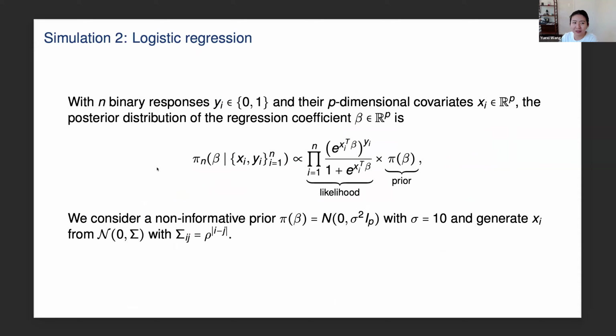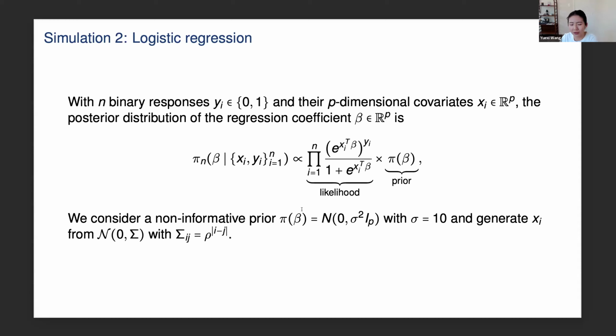And the second simulation is the logistic regression. So it's just the simplest setting where I have n binary responses, y_i from 0 and 1, and their p-dimensional covariates. And the posterior of the coefficients is just proportional to the likelihood times the prior. So in the past, because of this complicated likelihood, it's actually not that straightforward to do conjugate sampling for logistic regression models.